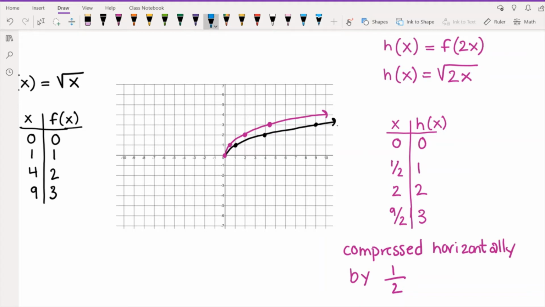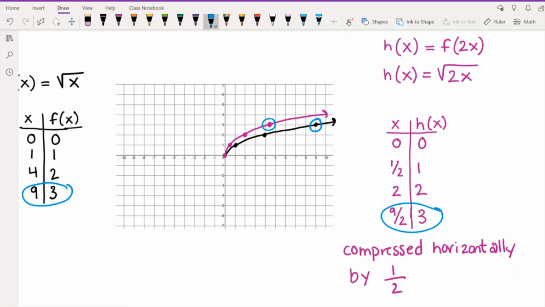Because we're multiplying the input by 2, that allows you to plug in a smaller x value and achieve the same height, right? So for example, in the original function, in order to achieve a height of 3, you have to plug in 9. And so that would be this point here. In the new function, you don't have to plug in 9 anymore to get to a height of 3. You only have to plug in 9/2.